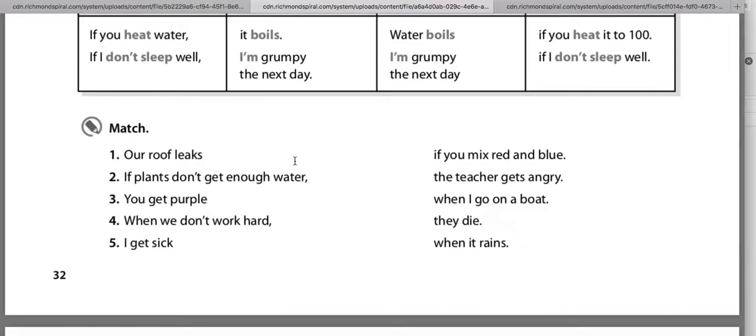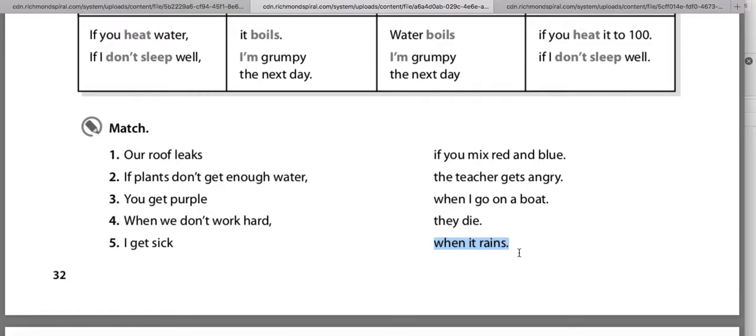When they died and when it rained. Yes, a roof leaks when it rains. Perfect. Yes, the number one, when it rains.